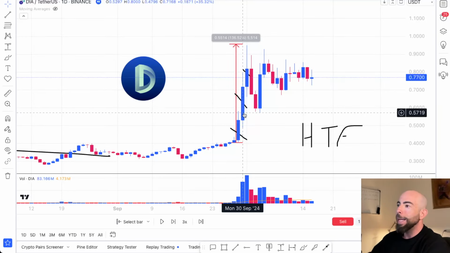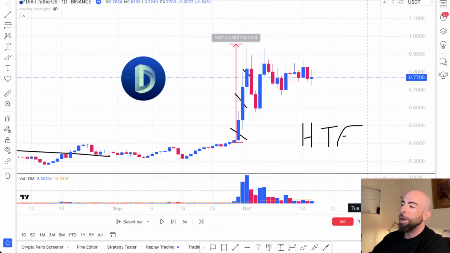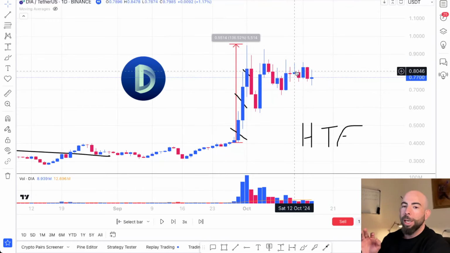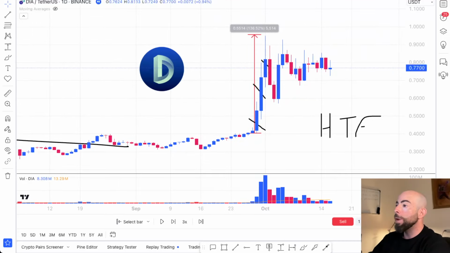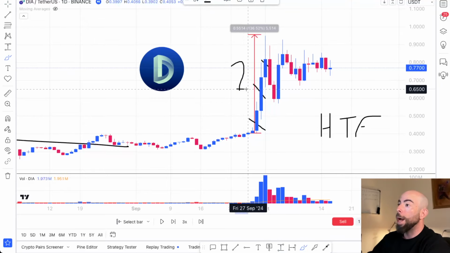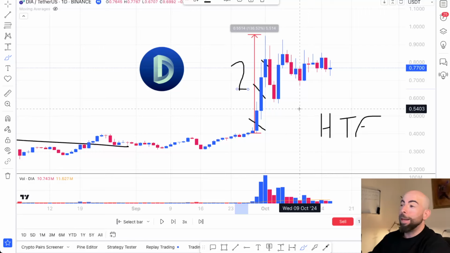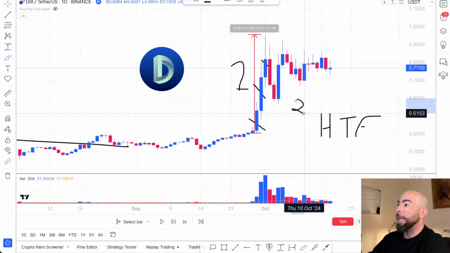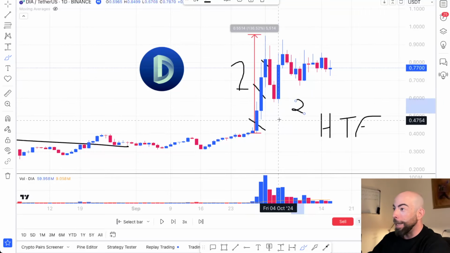And then, after this initial move, it started to move sideways. This sideways action is what you want to look for after the explosive move. So the explosive move is, let's call it stage 1, or part 1 of the pattern. The second part of the pattern is to make sure that it didn't give back everything.